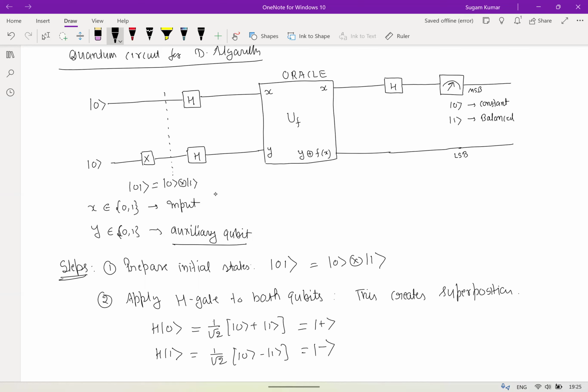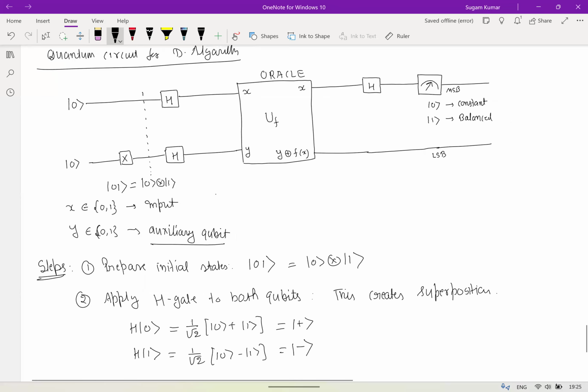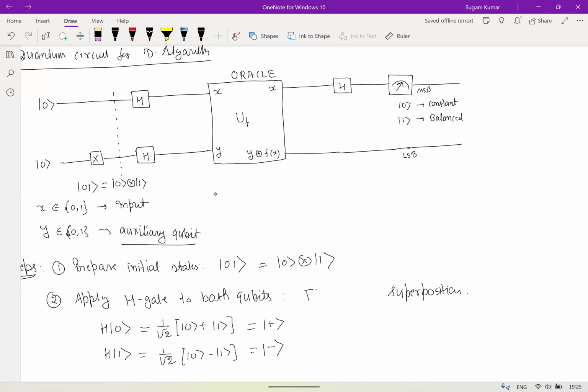So you apply this Hadamard gate on both, and this way you create superposition states. Then third, at this location, which state do you have? You have plus tensor product negative. So this is the state you have at this location.